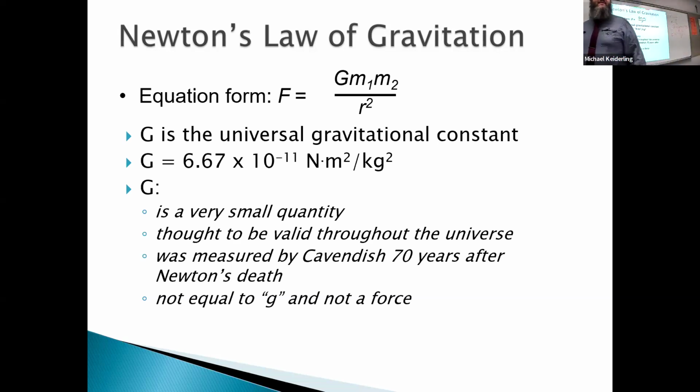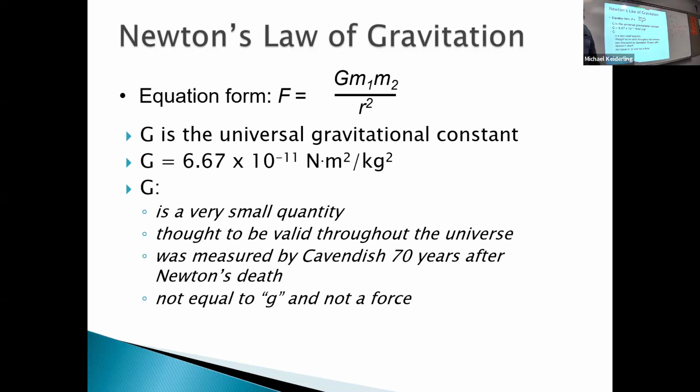About 20 orders of magnitude bigger. Though some of that is units, because the units for electricity are big. But electricity is much stronger. Electromagnetism is much stronger than gravity. Big G is a very small quantity.